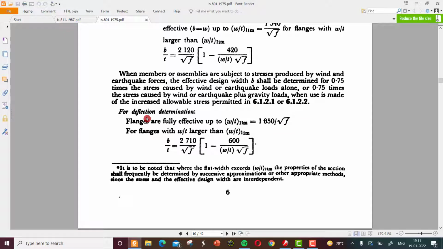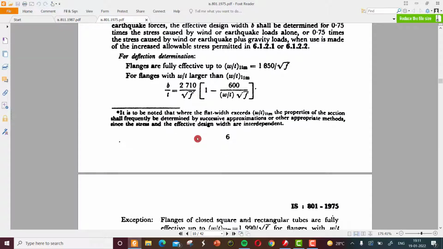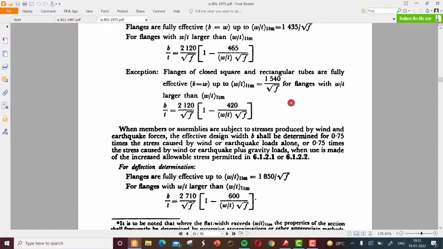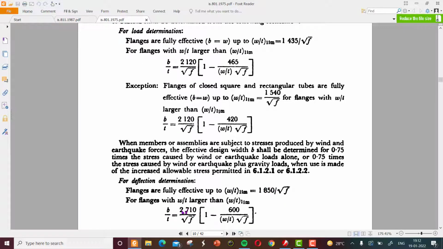And similarly, for finding the deflection, there are different effective widths. Similar to the previous one, the open section has a different w by t limit, which is higher than the load limit, 1435, 1850. And similarly the b by t is also higher, 2710 here.